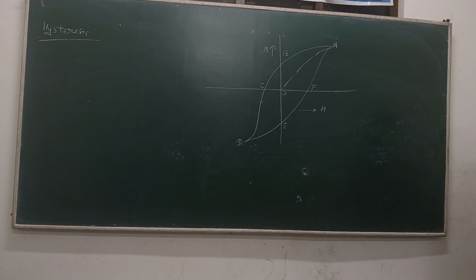The real distinguishing feature of ferromagnetic material is not that it can be strongly magnetized, but that the intensity of magnetization M is not directly proportional to the magnetic field.